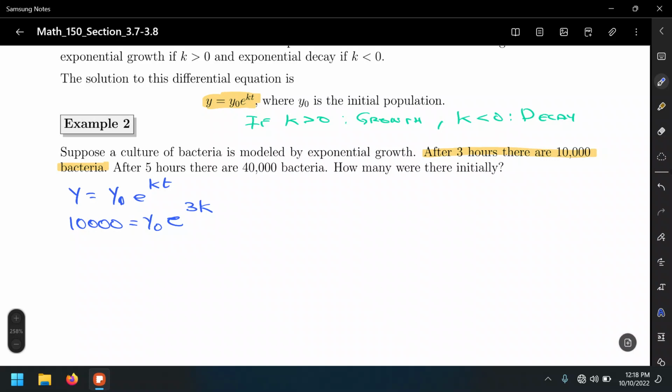Also, they're telling us that there were 40,000 bacteria after 5 hours. What does the k symbolize? It's a decay constant, which determines whether it's growth or decay.